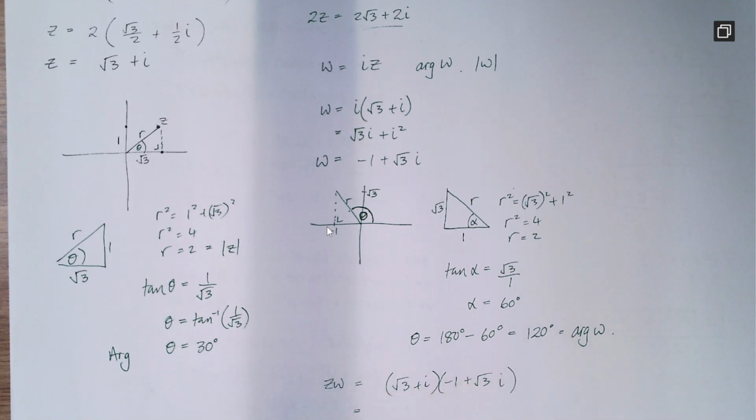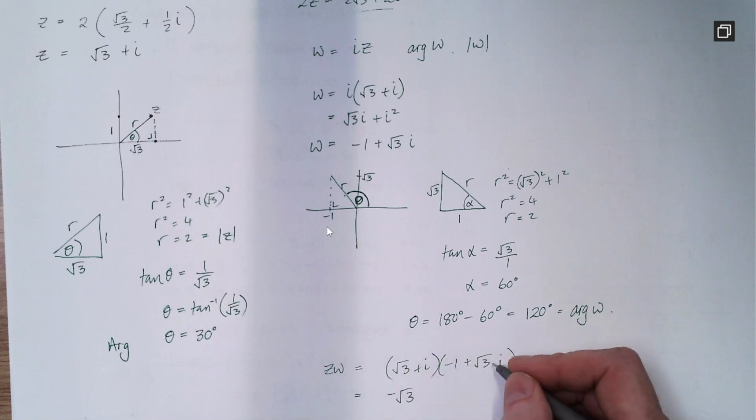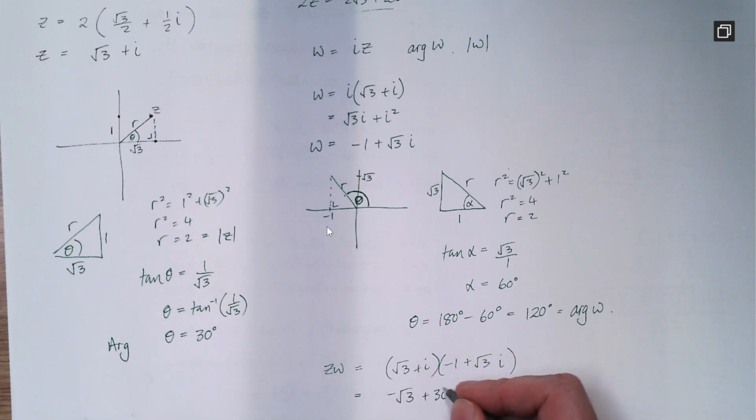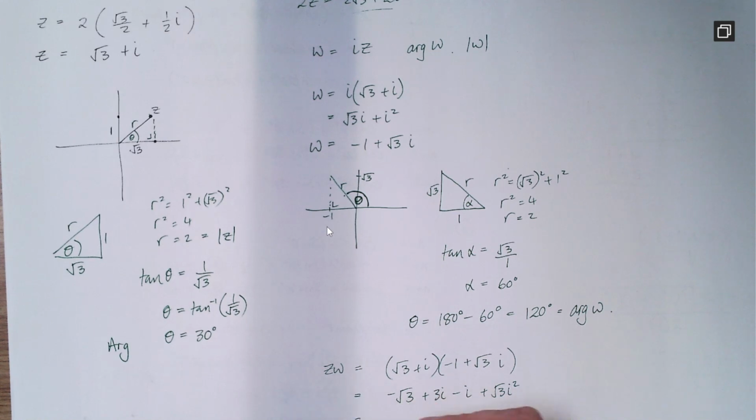So multiply them all: square root 3 times minus square root 3 is minus 3, square root 3 times 3i is 3 square root 3 i, i times minus square root 3 is minus square root 3 i, and i times 3i is 3i squared. Because i squared equals minus 1.